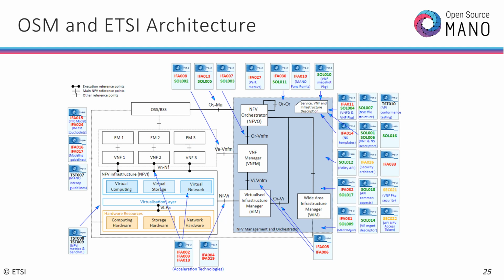The UI that you saw, as well as a CLI, is built on top of these SOL005 APIs. And when we come down the stack, a notion of a VNF manager, we call it an LCM, has a capability to interact with other VNF managers or EMS.